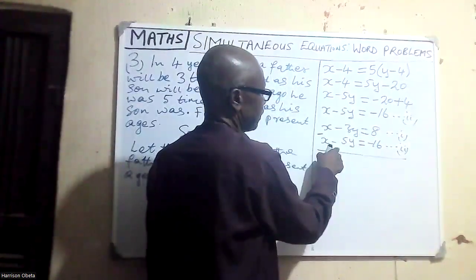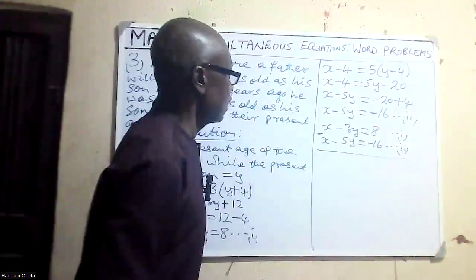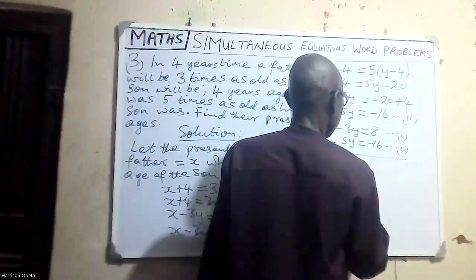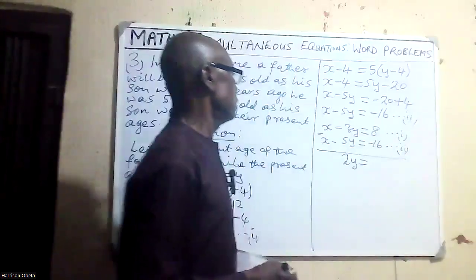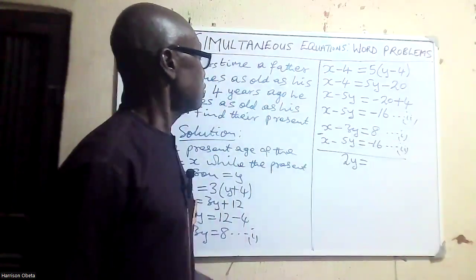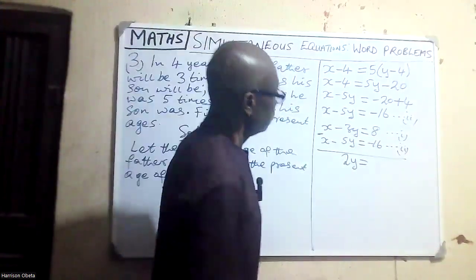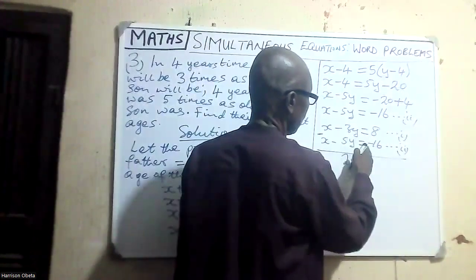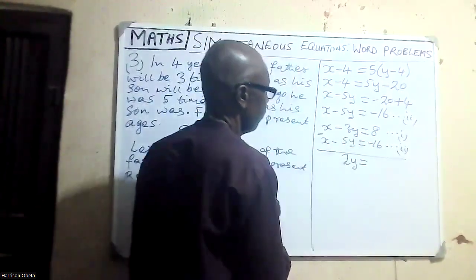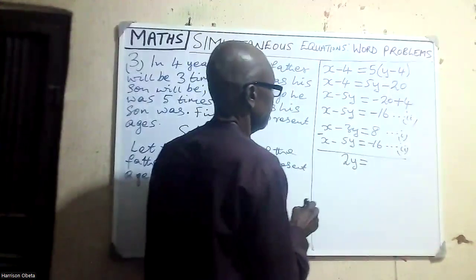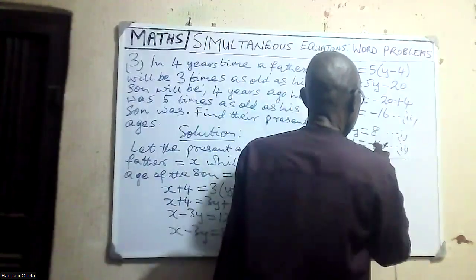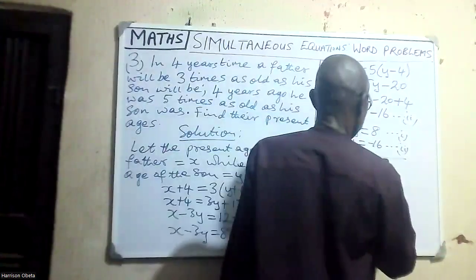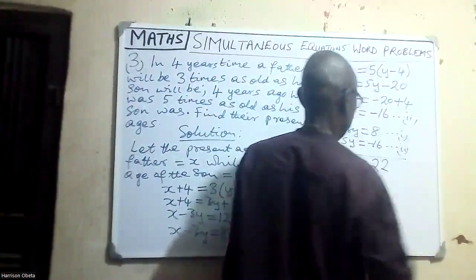This negative will affect this. And then you now have plus 5 minus 3. So this will give us 2y is equal to, again, you check, you'll discover that this will change this to positive, and that means 8 now plus 16 instead of subtraction. And that will give us 22.